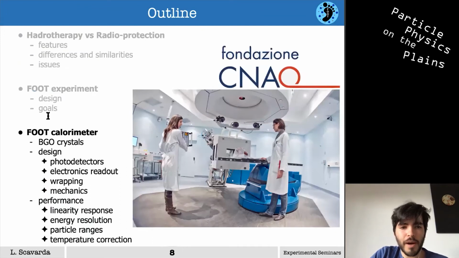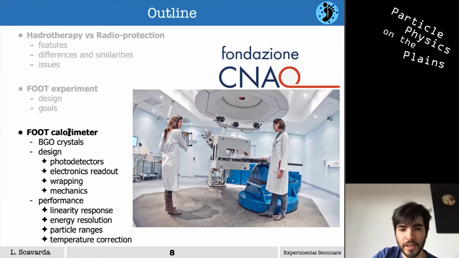So now we can speak about the last part of my presentation, the biggest one, about the calorimeter. As I said, it's the main task of my group. I will tell you about some test beams that were performed during the last years in order to make all the design choices for the calorimeter.